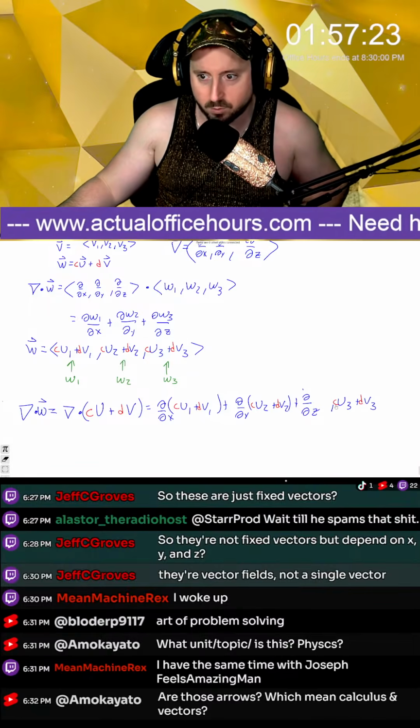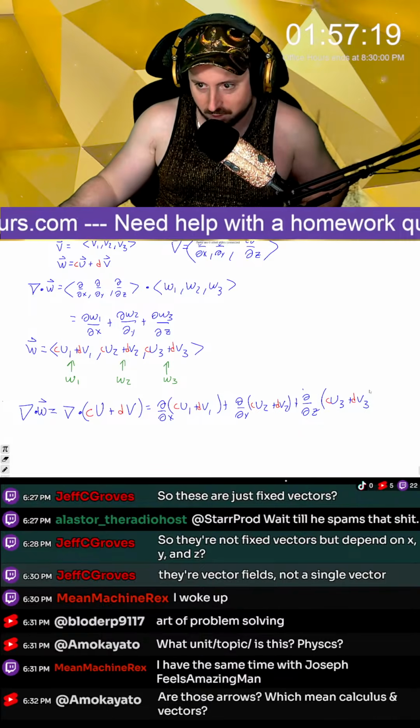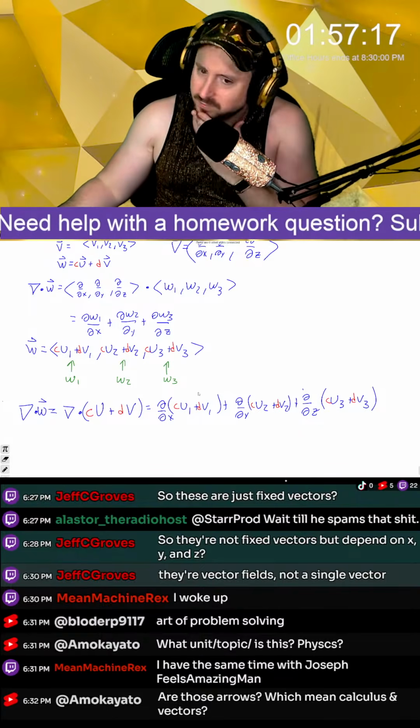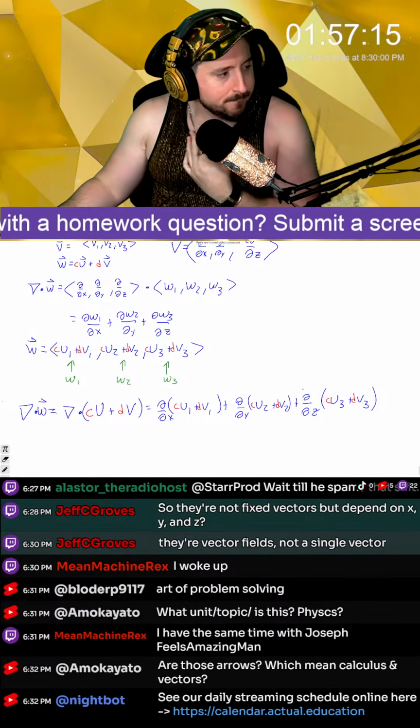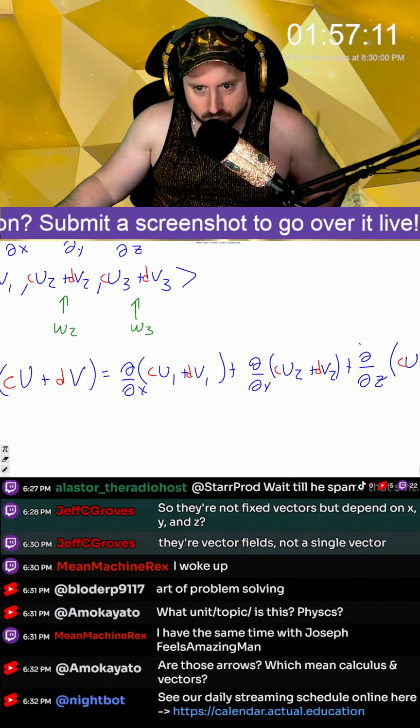Yes, calculus and vectors. These are arrows. And like Eric said, we're just going to show that partial derivatives have linearity. Really silly.